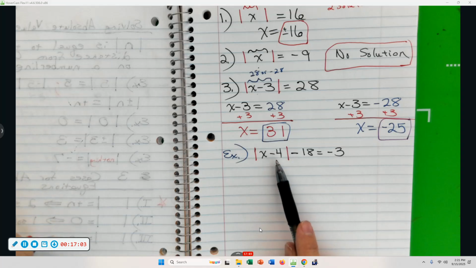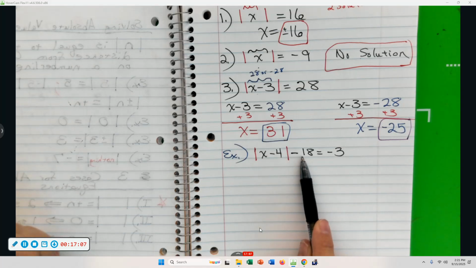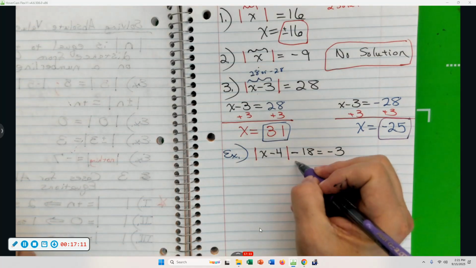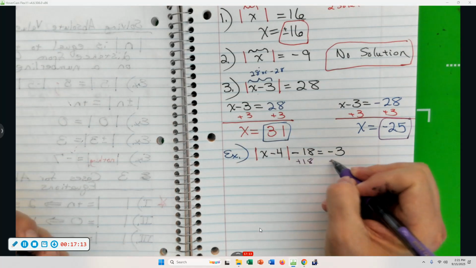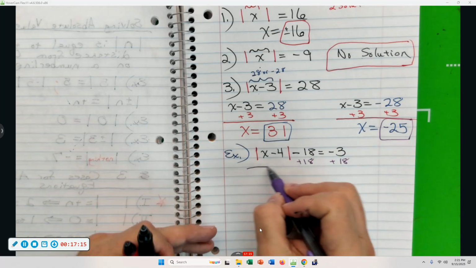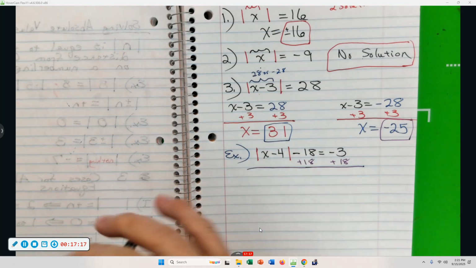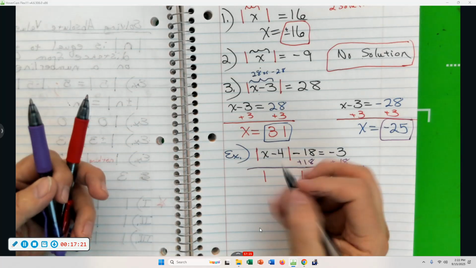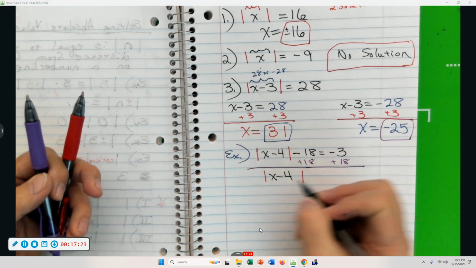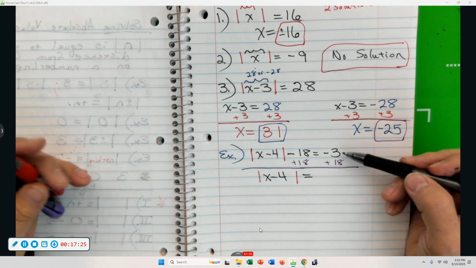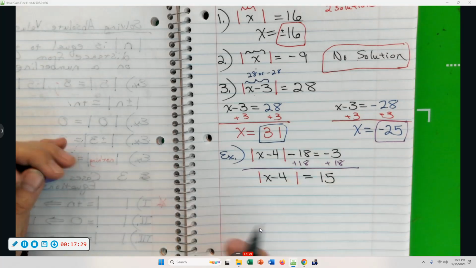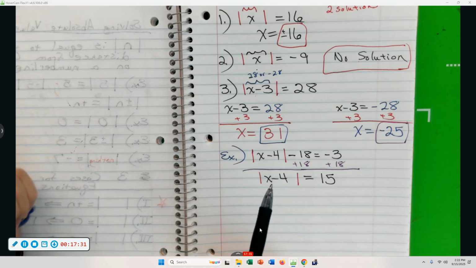What do I need to do to get that absolute value by itself? I don't want that minus 18 there. Add 18. I'm going to move the 18 to both sides to give you the absolute value of x minus 4 is equal to negative 3 plus 18. That's a positive 15. Now this is a case 1.